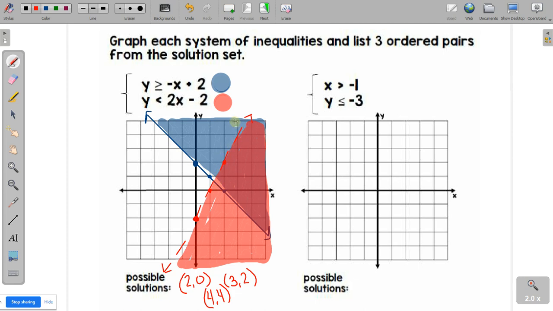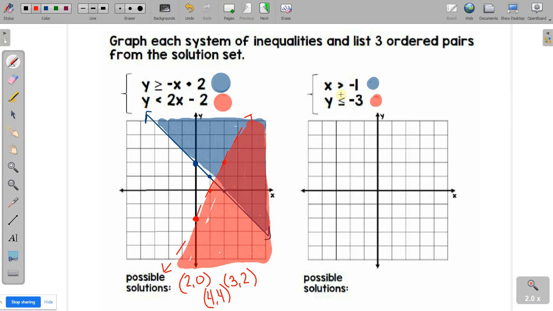Let's look at the next problem. We're going to use blue again for our first equation and red for our second equation. So our first equation here, we have x is greater than -1.